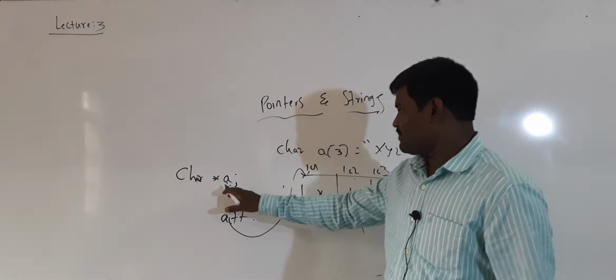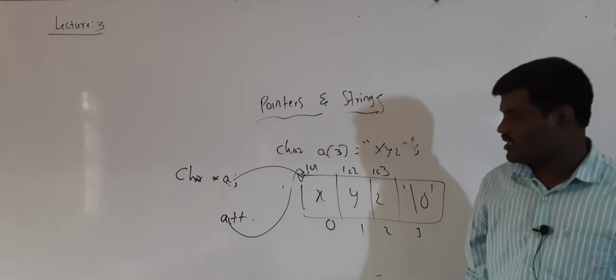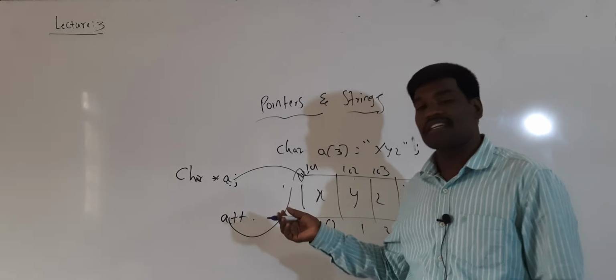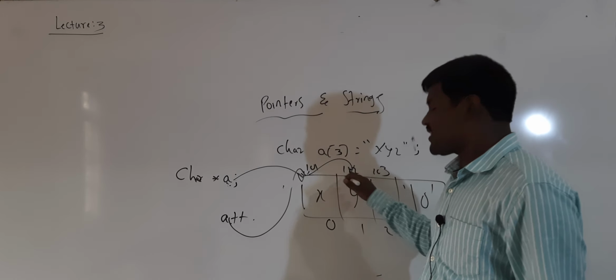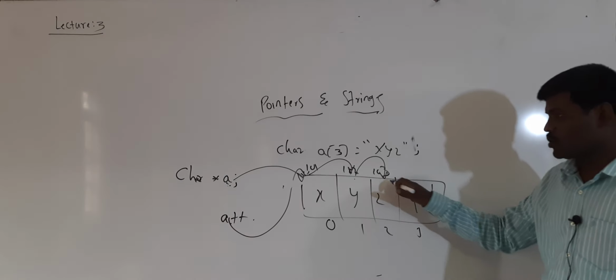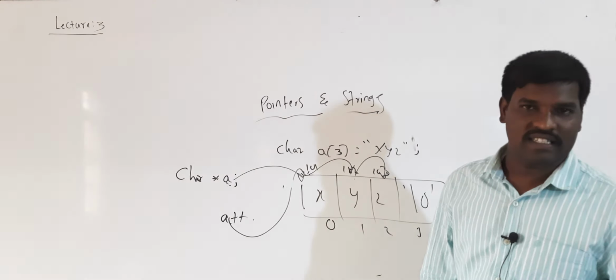So here a refers to 101. If I print star a, it will print x. a plus plus, again it points to 102. If I write a plus plus again, it points to 103. So this is pointers and strings.